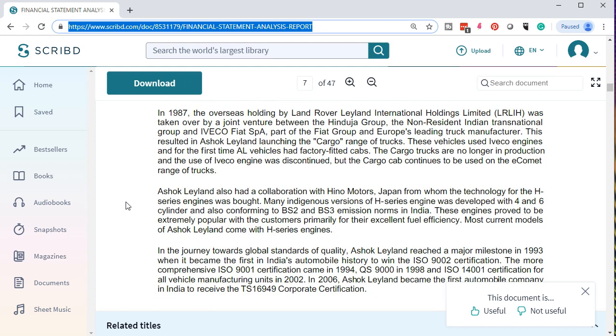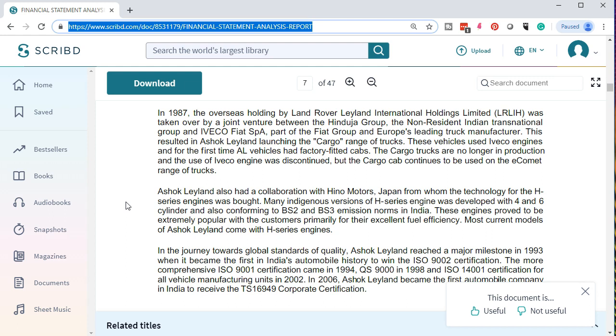In 1987, the overseas holding by Leyland Motors, Leyland International Holdings, was taken over by a joint venture between the non-resident Indian transnational group and another part of the Fiat Group, Europe's leading truck manufacturers.